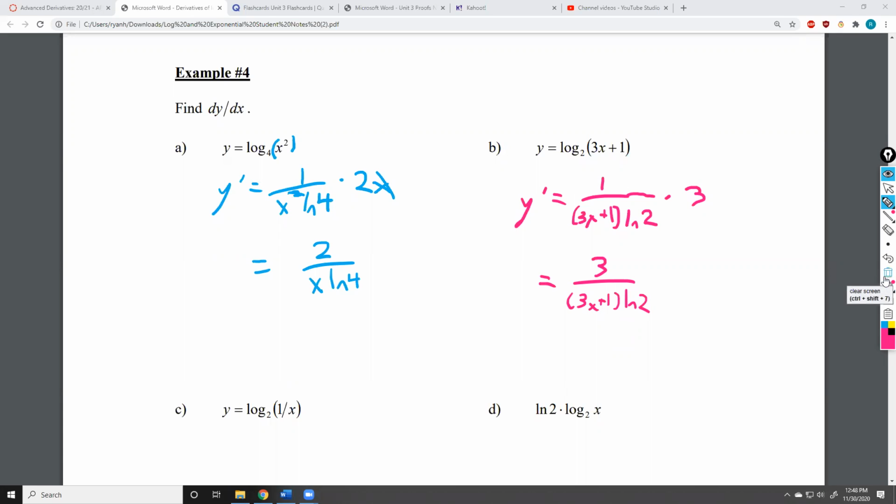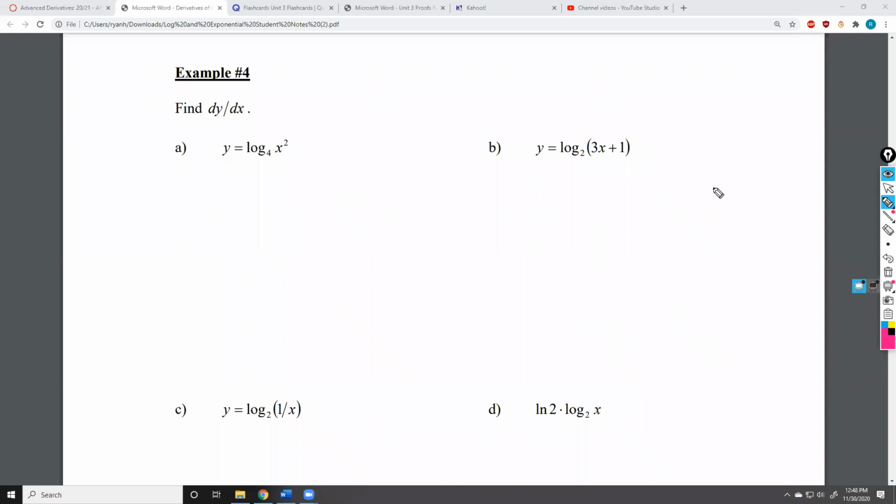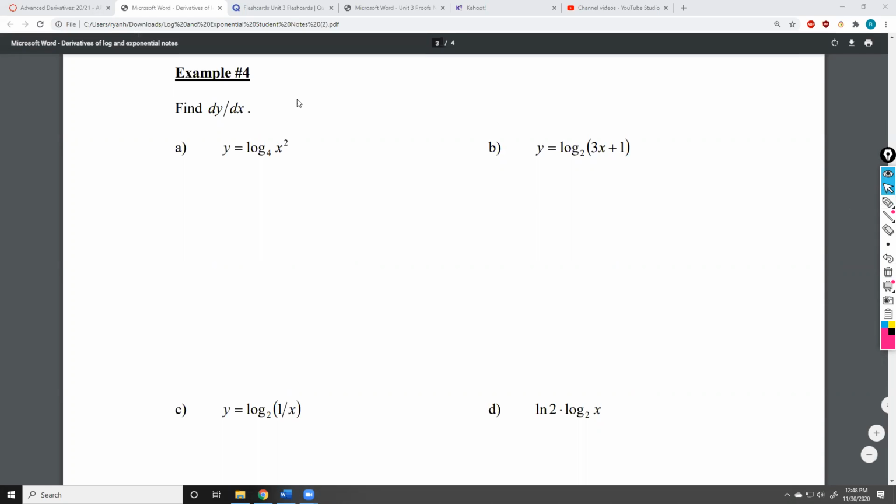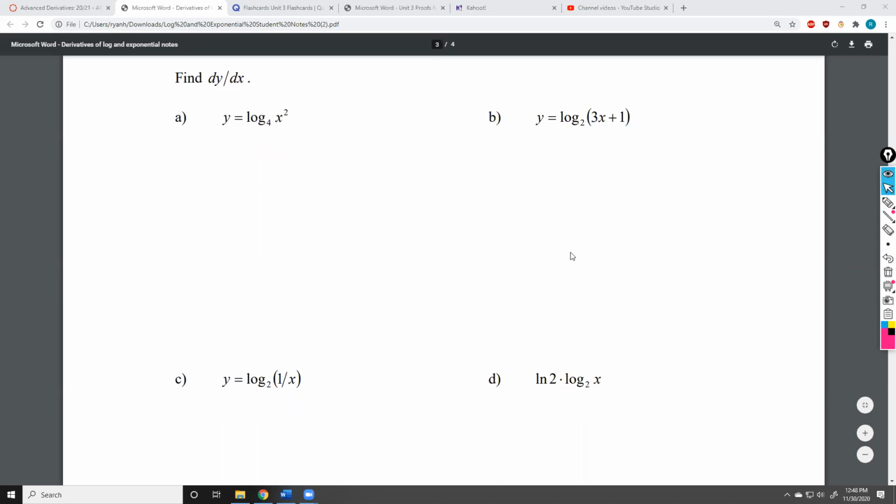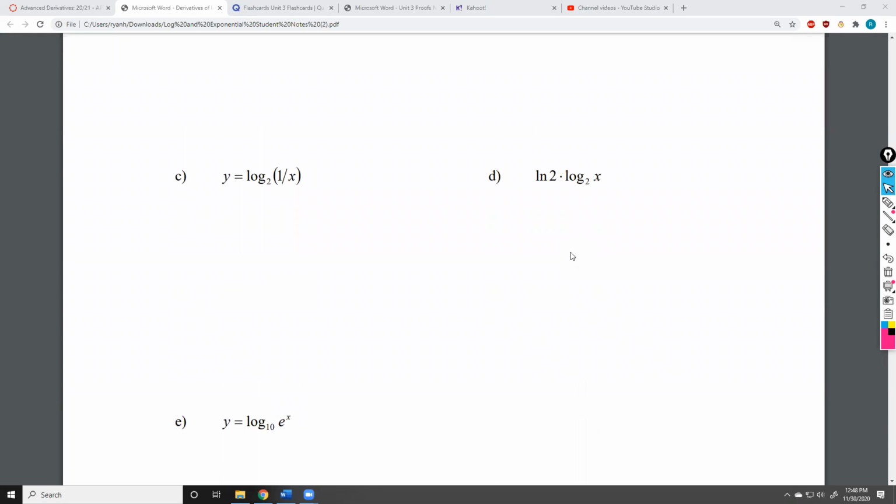And we'll do one more together. We're going to do this one. Now remember that this is multiplying two things, but just like I talked about with an earlier example, this is just a constant. Natural log of 2 is a number.